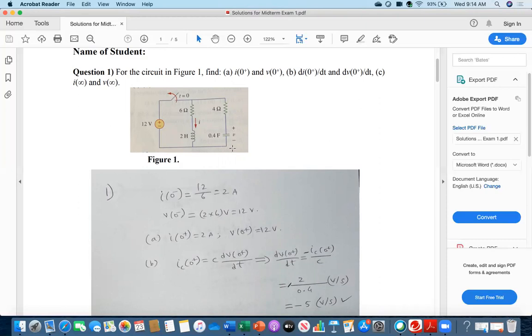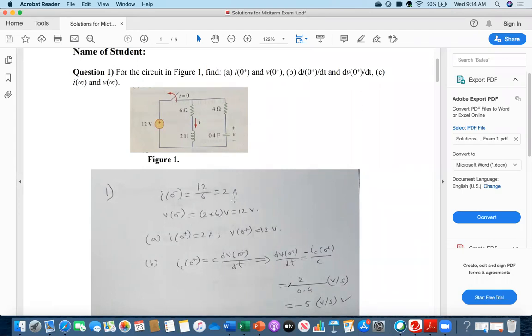The 4 ohm will not be taken into account because it was open circuited. So the voltage across the capacitor means the voltage across the 6 ohm resistor. 2 ampere current was flowing, so 2 multiplied by 6 is 12 volt.